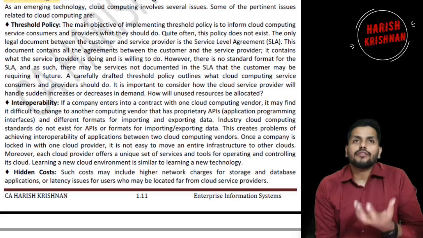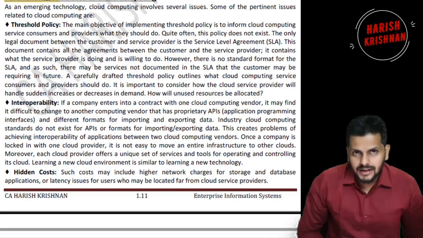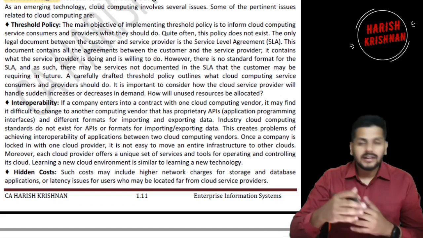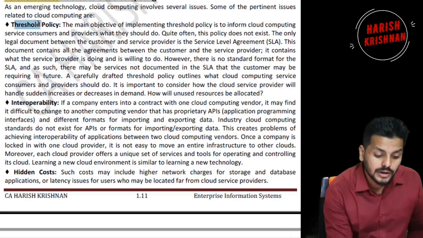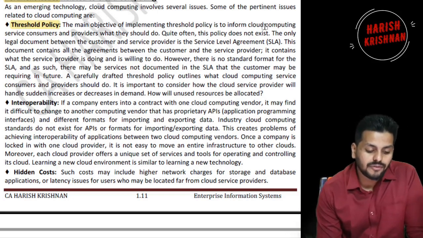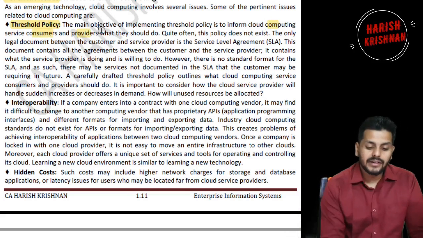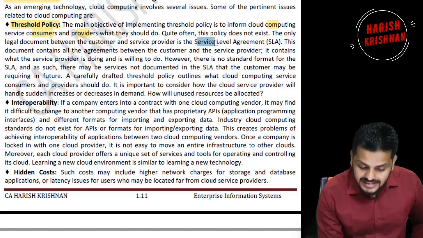Now, how much of the cloud services can be used, what can be done with the cloud, all this is a discussion between the cloud service provider and the service receiver. So there is what is called a threshold policy. Why a threshold policy? The main objective is to inform the cloud computing consumers and also providers what they should do. It's more like a service level agreement, SLA it is called.